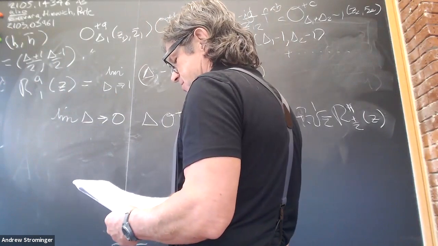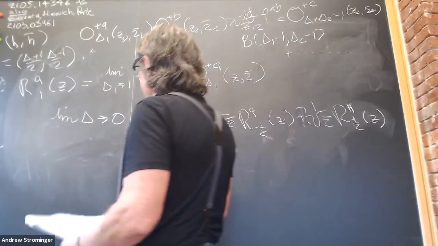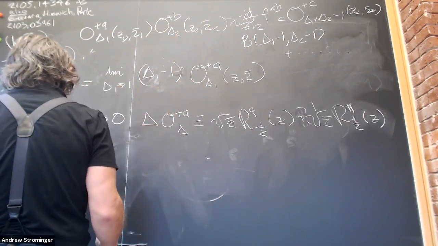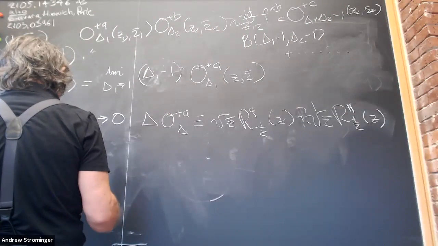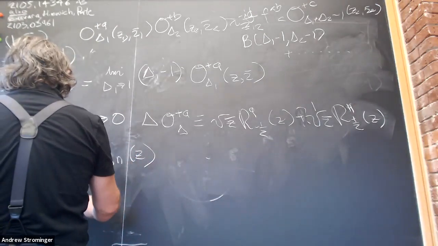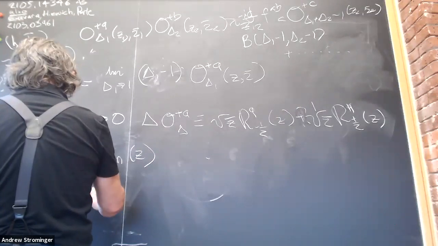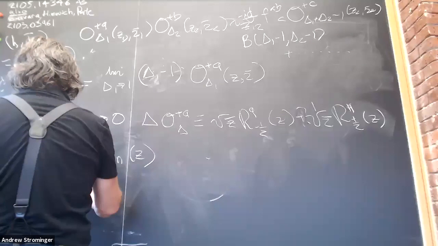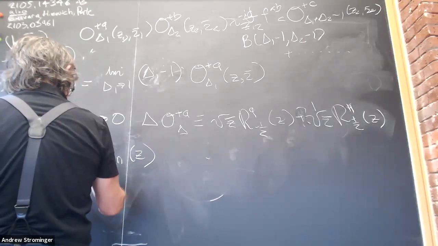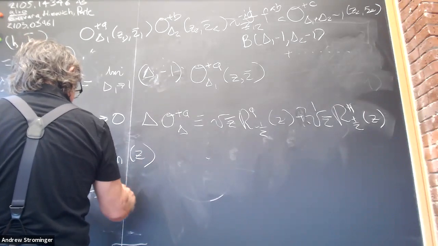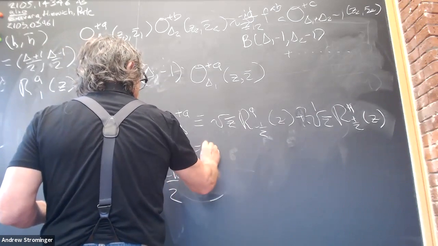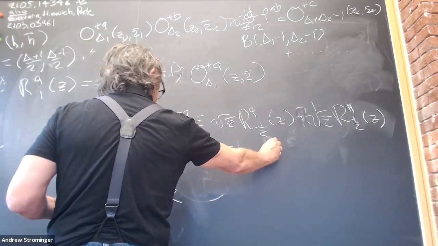Okay, so going on, going down all the poles, we get a whole tower of fields, R_A^{K,N} of Z, where now N runs from K minus 1 over 2, less than or equal to N, less than or equal to 1 minus K over 2, K equals 1, 0, minus 1, down to minus infinity.